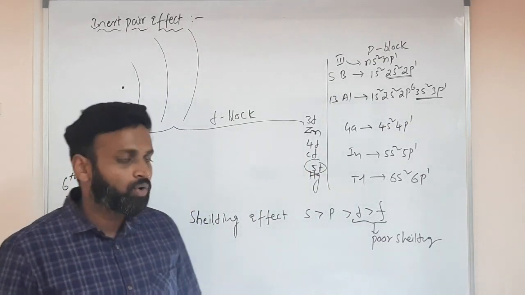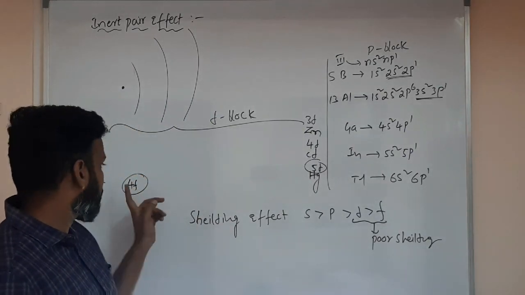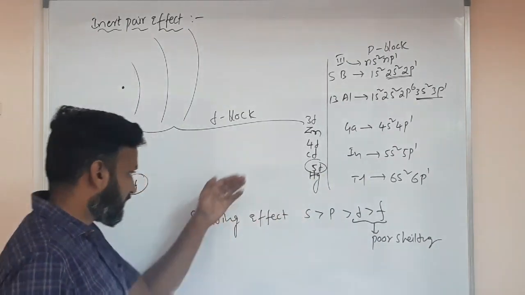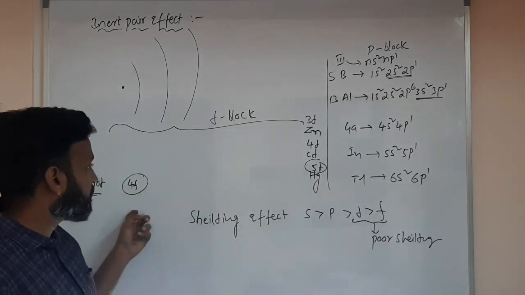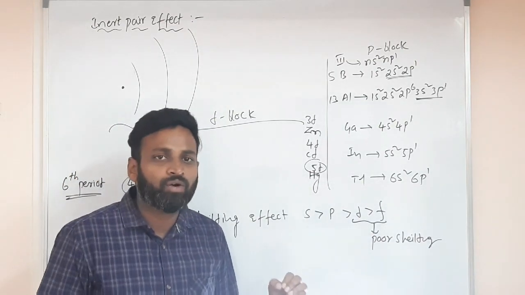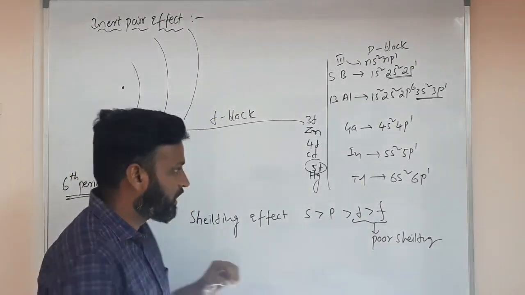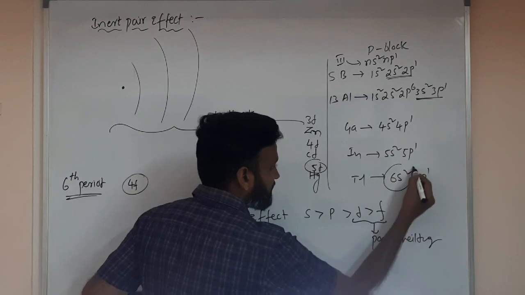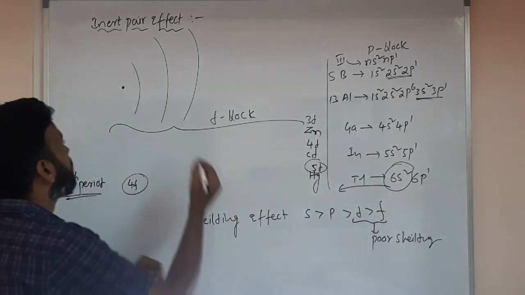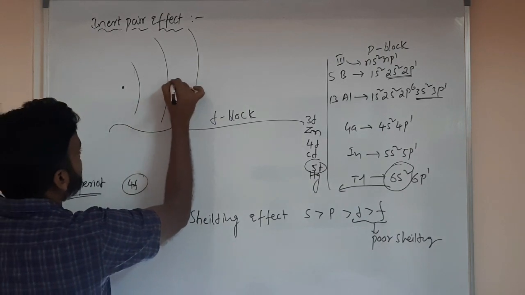Tell me. Due to the poor shielding effect of these 4F or 5D, or the next period, 5F and 6D, due to the poor shielding effect of D and F subshells, these outer S electrons will penetrate towards the nucleus.